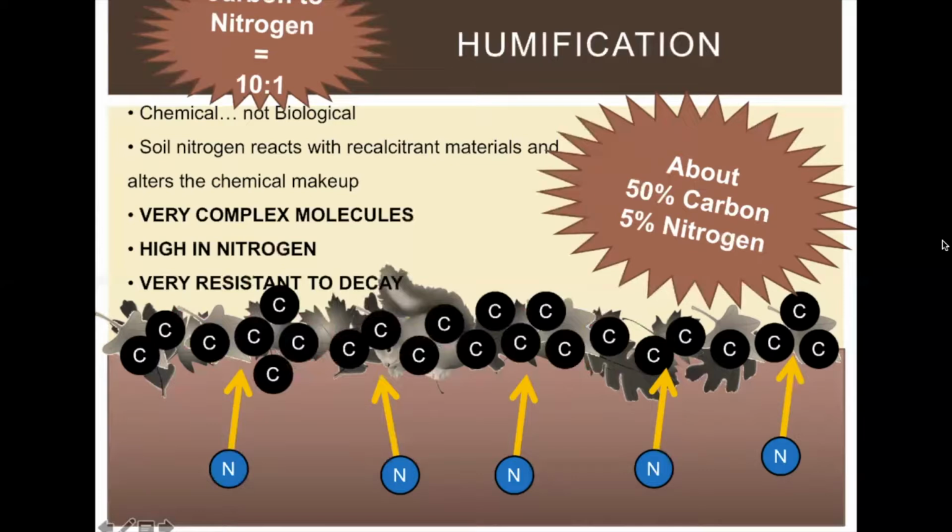So for example, we have a C to N of 10 to 1. This means it's 10 units of carbon for each unit of nitrogen in the substance. The C to N ratio of everything in and on the soil can have a significant effect on the crop residue and the decomposition. But we'll get more into the C to N ratio later on in this presentation.